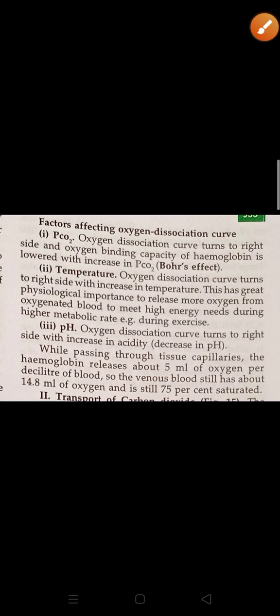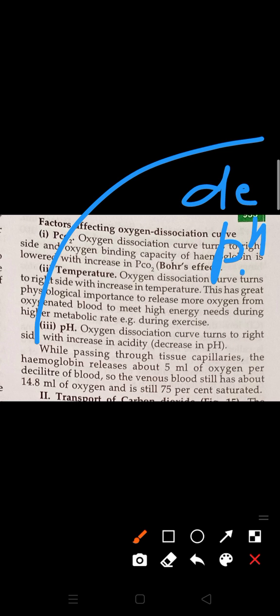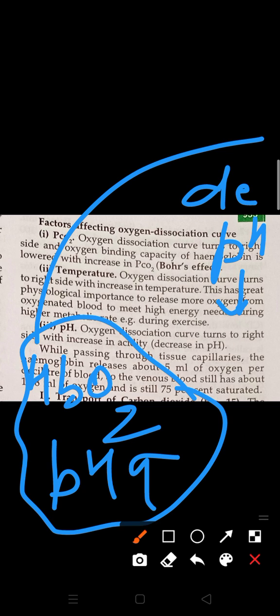Another most important thing is pH, as I told you. When the curve shifts towards the right side, it increases acidity, meaning it decreases pH. For the association of hemoglobin and oxygen, pH should be high, meaning alkaline.